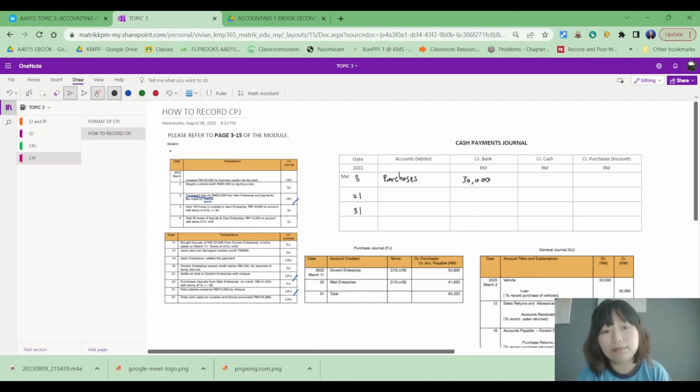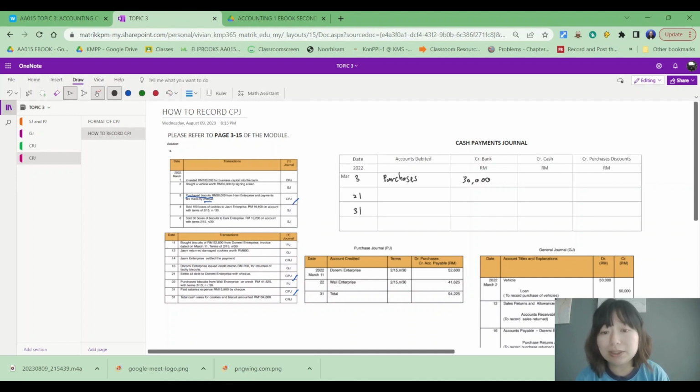Alright, so for this situation, what I would normally do is that I will refer back to my DJ. I will refer to DJ and I try to look for do, re, mi. Okay, so for these, we would see, okay, March 11th, kita membeli from do, re, mi. And this is the credit terms, 2%.